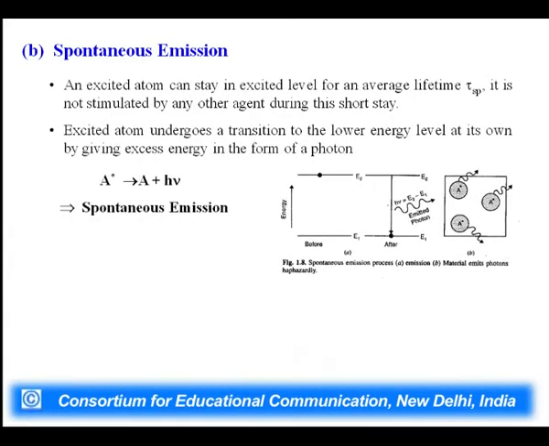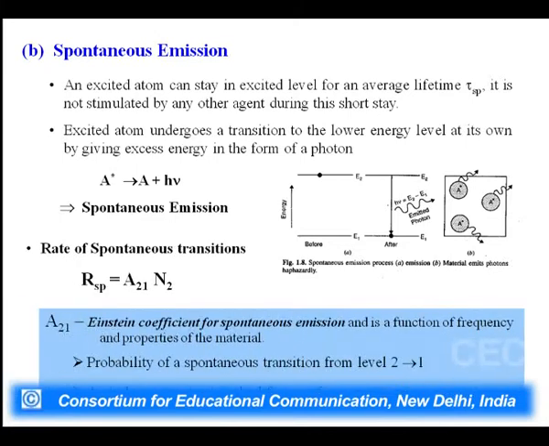The second process is spontaneous emission. Excited atoms can stay in the excited level for an average lifetime defined by tau sp, the lifetime for spontaneous emission. It is not stimulated by any other agent during this short stage. Electrons are now in the excited state.